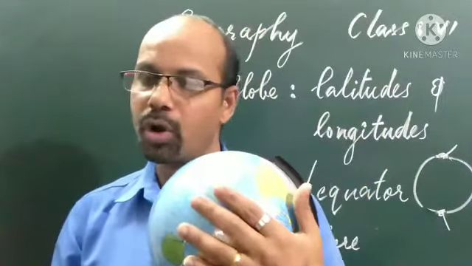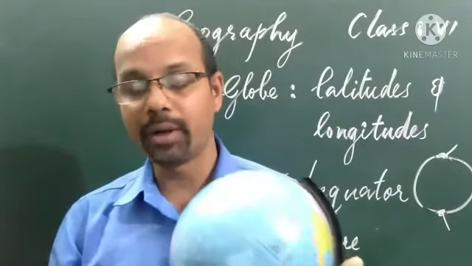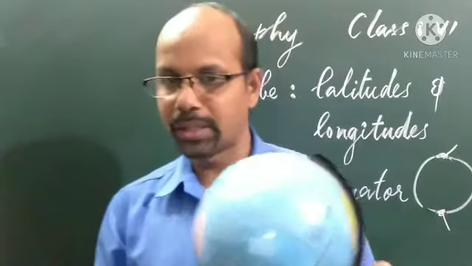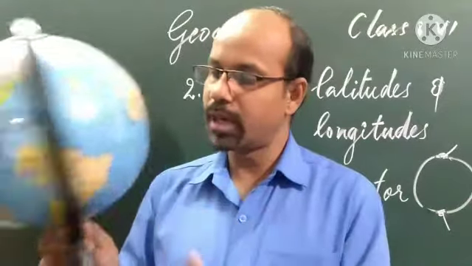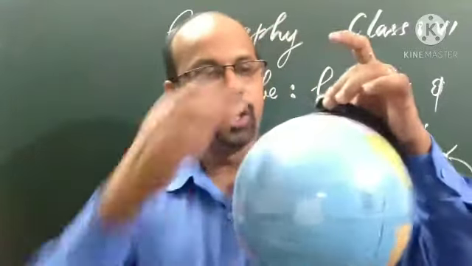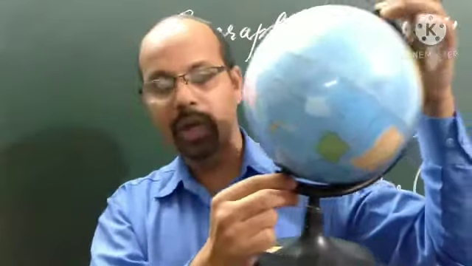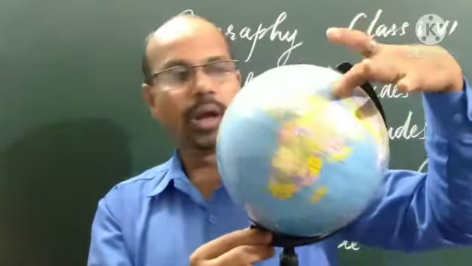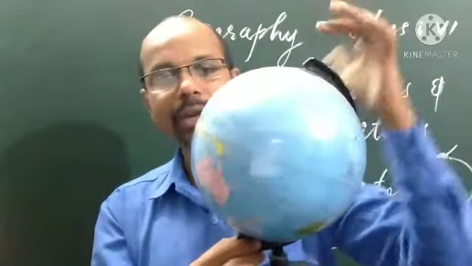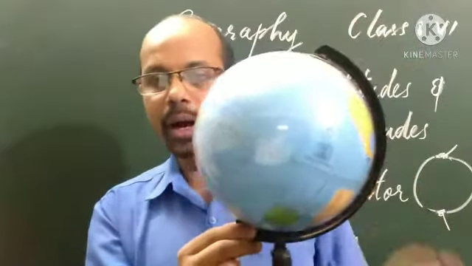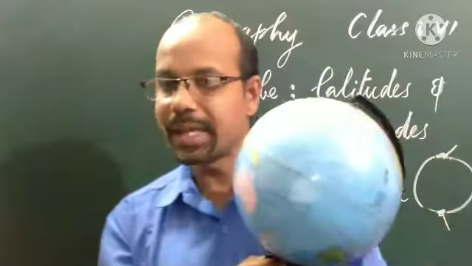With the help of a globe or map, we can easily find the location of a place. You can notice a needle-like stick in the middle, where the globe is fixed, passing through the center of the earth.